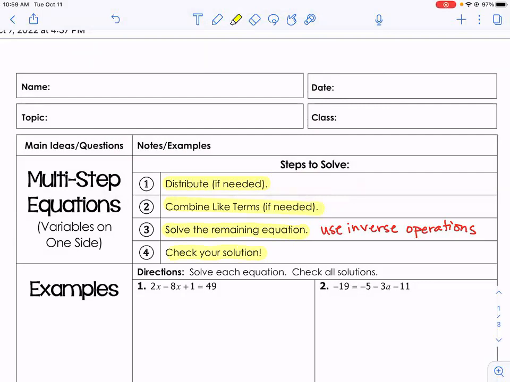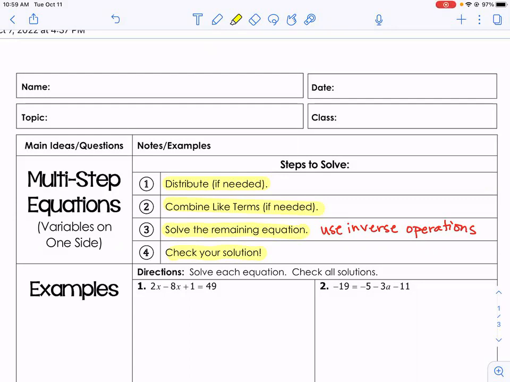Plug the solution in. Does it actually work? So what we need to be ready for today: we need to recognize if we need to distribute. We need to recognize if we have like terms to combine. From there, it should be normal.